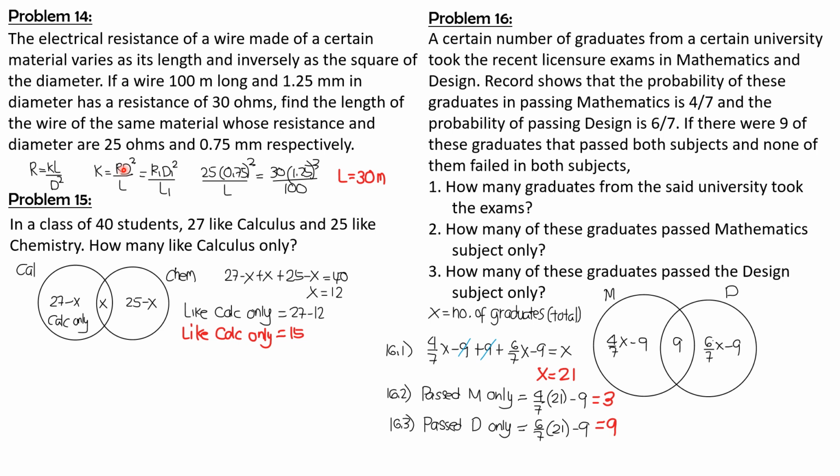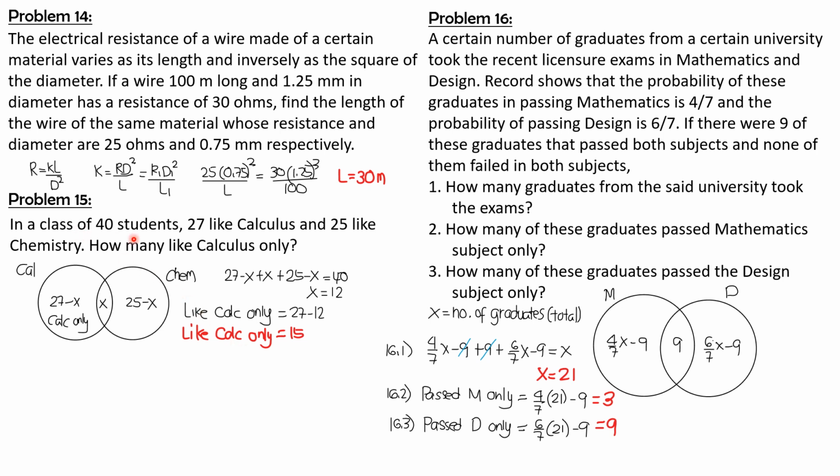So for the final, find the length: 25 ohms resistance, diameter 0.75 mm squared, over length unknown. Then the initial condition: we have 30 ohms, diameter 1.25, so 1.25 squared, all over length 100. Solving for L, L is 30 meters.